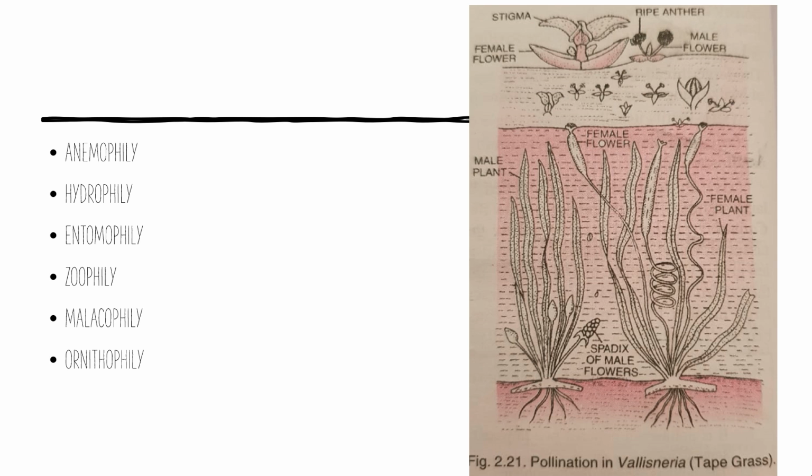Next is entomophily. You all know that it's insect pollination. The characteristics of entomophilous flowers are that they are showy and brightly colored so that they can attract insects, and most insect-pollinated flowers have a landing platform.